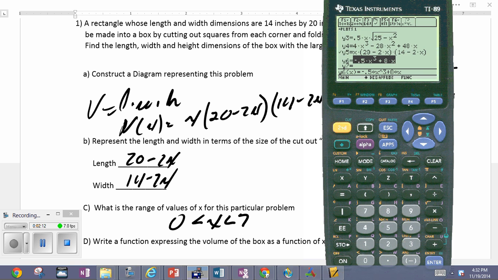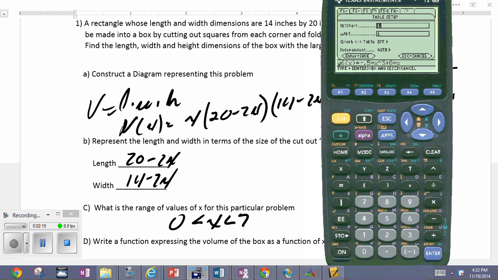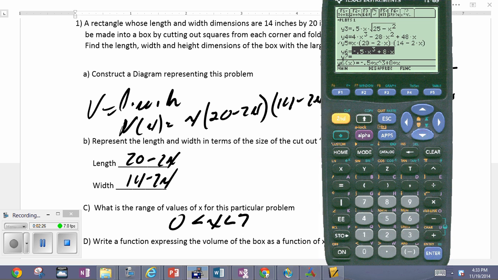So my table is going to be set so that I can just go from 0 to 7, in increments of 1. That'll work. Let's take a look at the table. This seems to be topping out right there at around 3, at about 336.